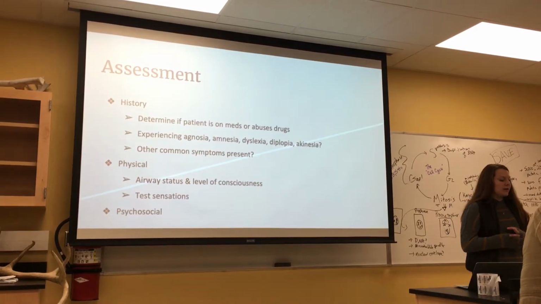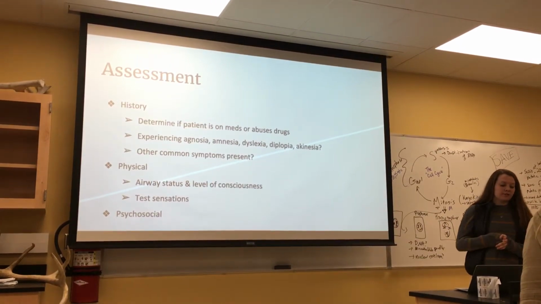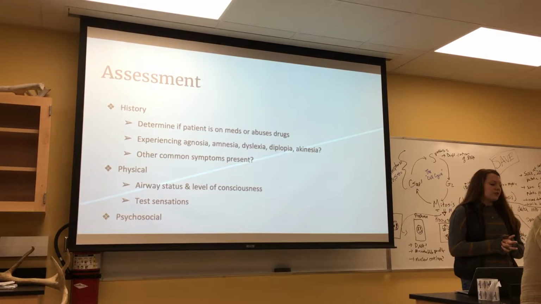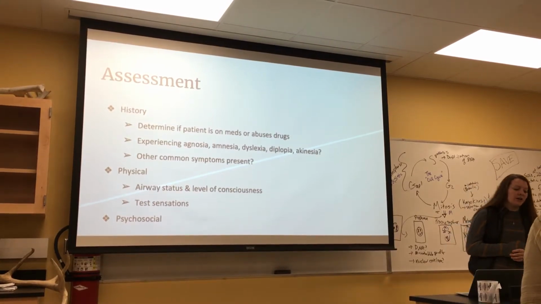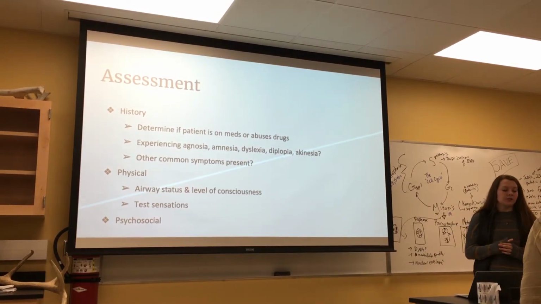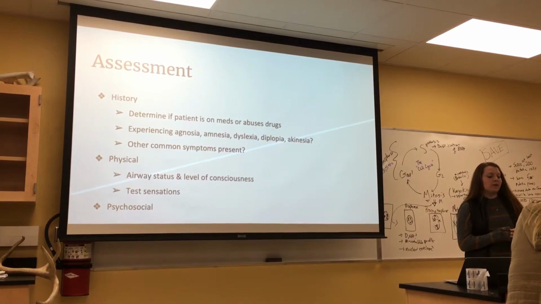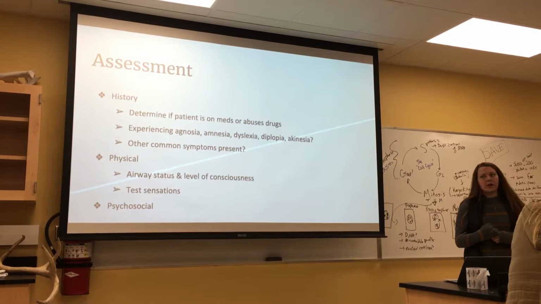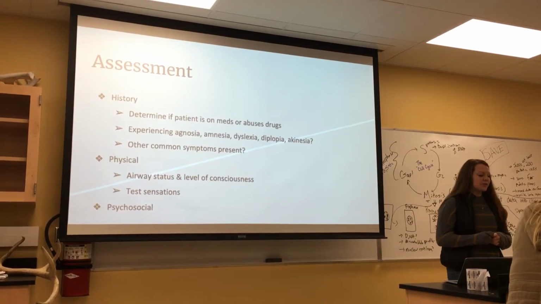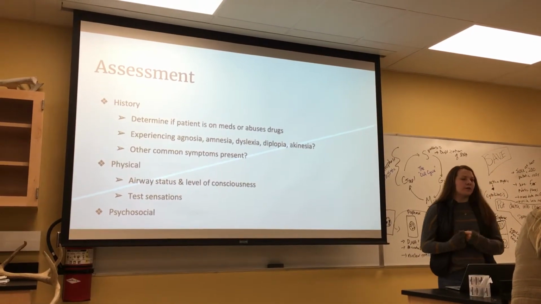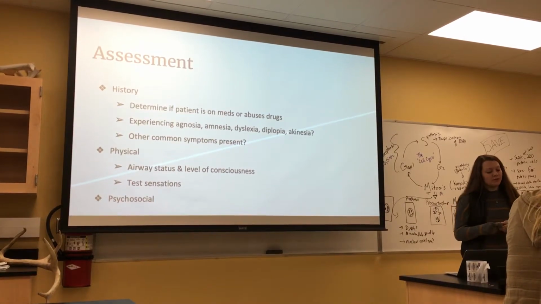So for the assessment, there's history, physical, and psychosocial. So for history, the caregiver will determine if the patient is on any medications or if they're using any intravenous drugs. They'll also determine if the patient has experienced agnosia, which is the inability to recognize familiar objects or persons through a sensory stimuli, or if they're experiencing any memory loss, which is known as amnesia.